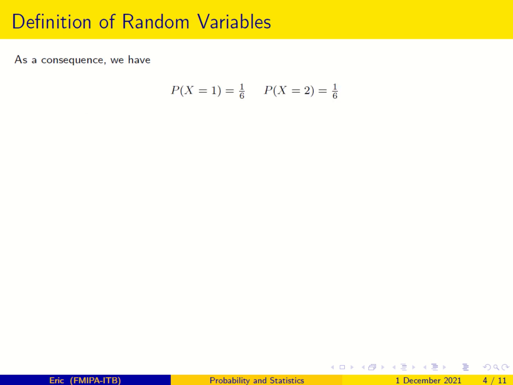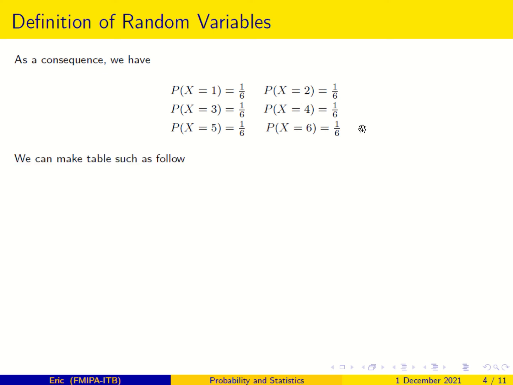As a consequence, we have the probability that x equals 1, which corresponds to the number falling uppermost on rolling a die once being 1, and the probability that x equals 2. Both have probability 1/6, and we can play the same game for all of the random variable values.